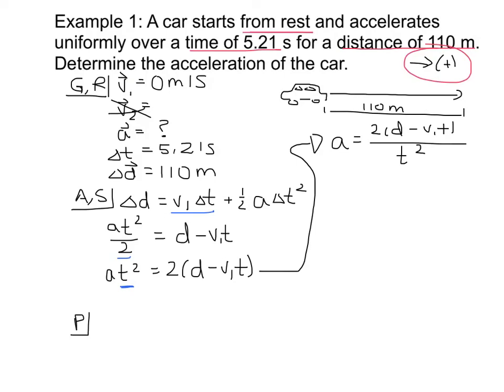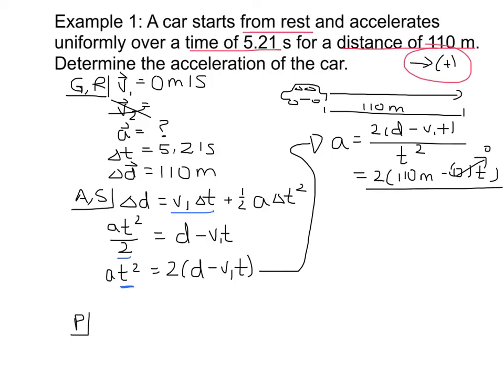And now I can do the substitute part of my GRASP, and I can plug in my numbers. So I've got 2 times 110 meters minus 0 times time. I'm not even going to put in the time because we know that that just ends up being 0.